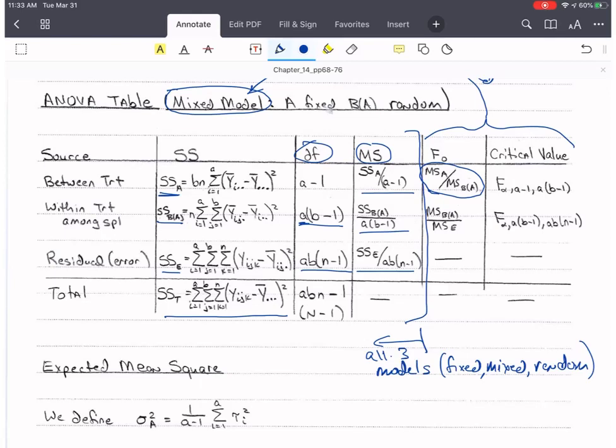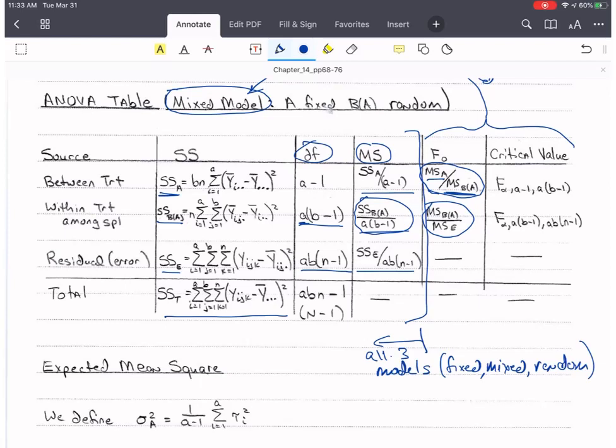So my F statistic, if I have a fixed and a mixed, is going to be, because this is nested within, I take the MSA and I divide it by MSB nested within A. When it's random, okay, and this one, I'll take MSB nested within A divided by MSE. I'm going to do that every time.